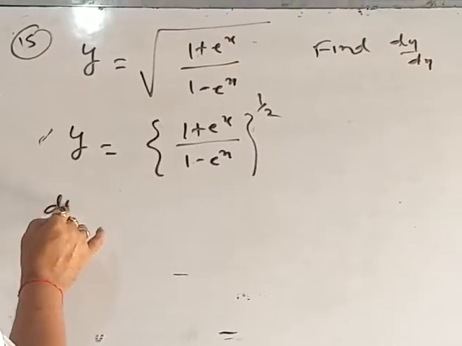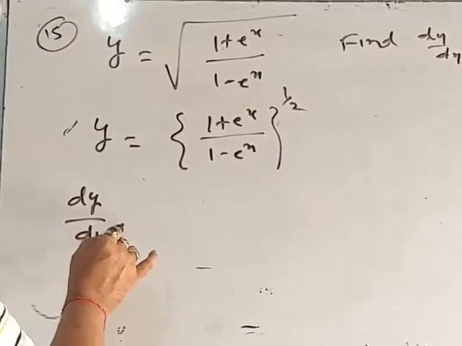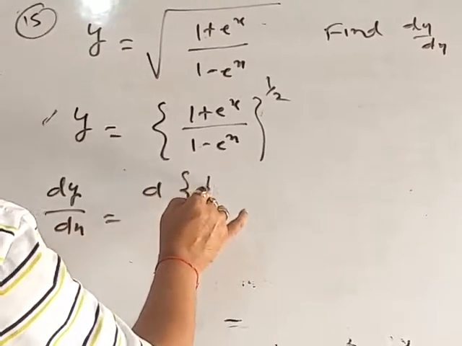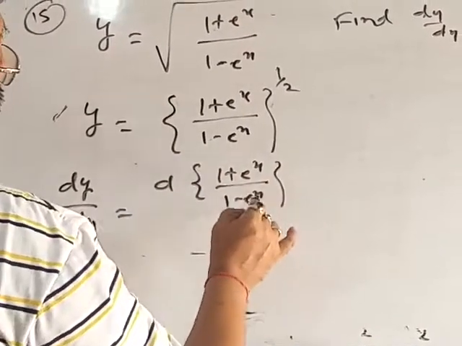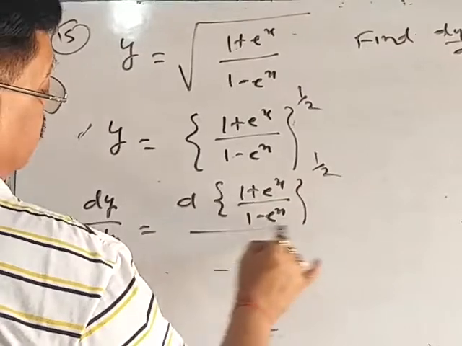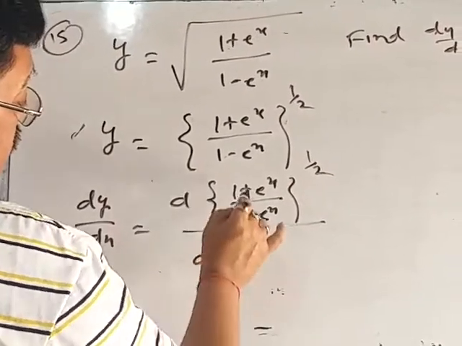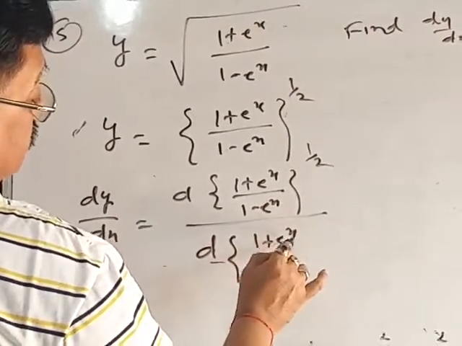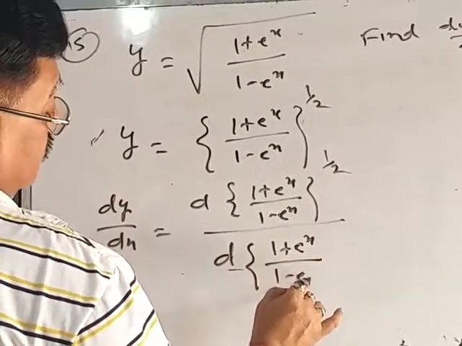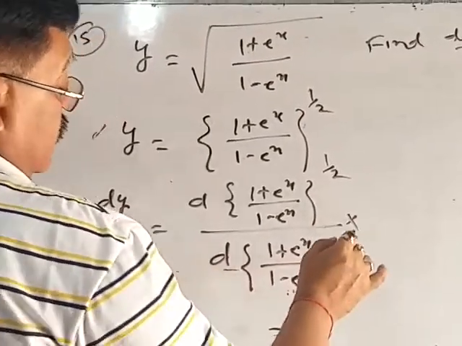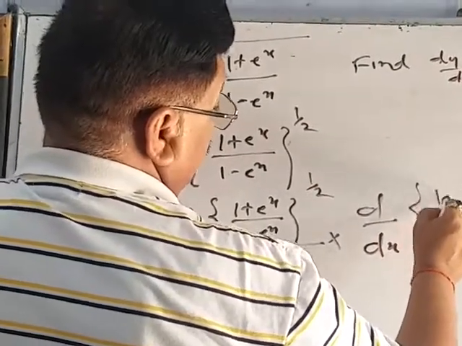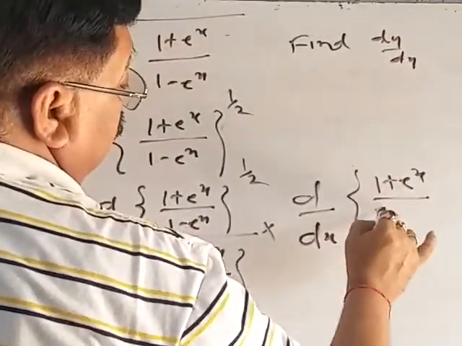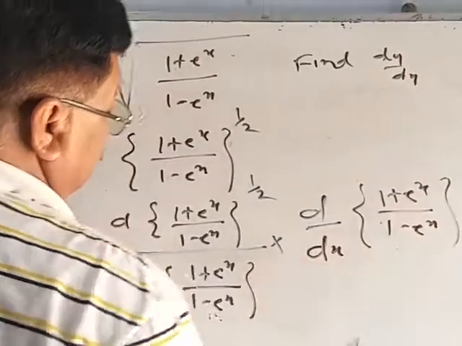So dy by dx is d of 1 plus e power x by 1 minus e power x, power 1 by 2, with respect to d of 1 plus e power x by 1 minus e power x, and d by dx of 1 plus e power x by 1 minus e power x.